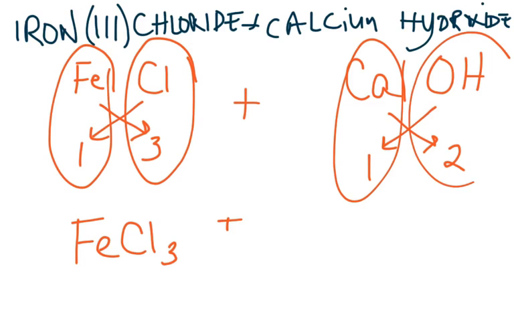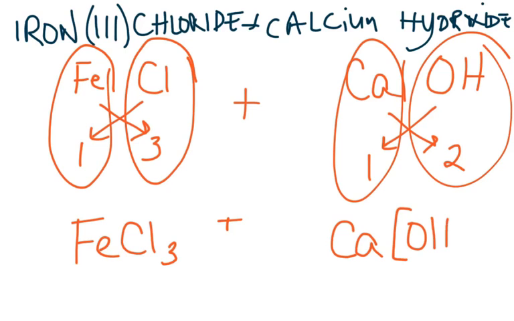So with my crisscross method, I've got CaOH2. And remember, OH is a polyatomic, so in order to distribute that 2 appropriately, it's got to be in brackets. So there's my reactants. I've taken the words and turned them into actual chemical formulas, which I'll work with balancing in a minute.